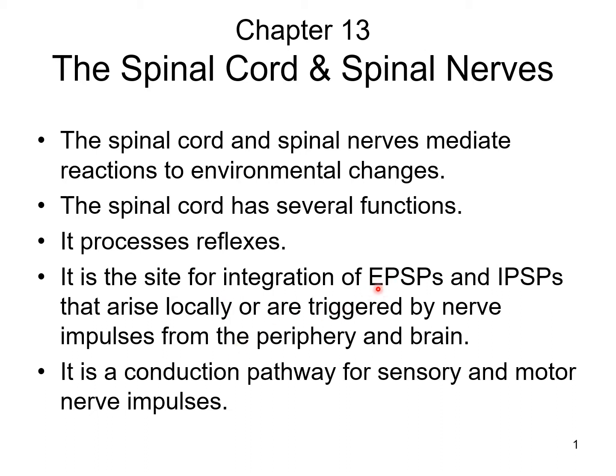We'll see examples in the physiology part of this chapter: excitatory postsynaptic potential and inhibitory postsynaptic potential. This will be a really good illustration of those phenomena and the needs for that.